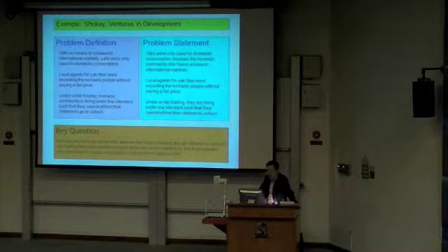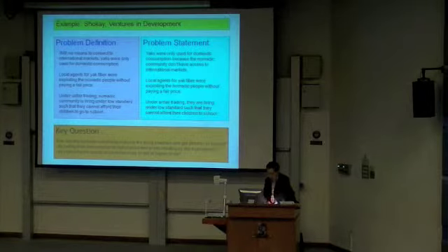So the problem statement is quite similar to the problem definition, except we reframe the international market, the access to the information, as more important than just they don't know, or they just use the yak product for domestic consumption.